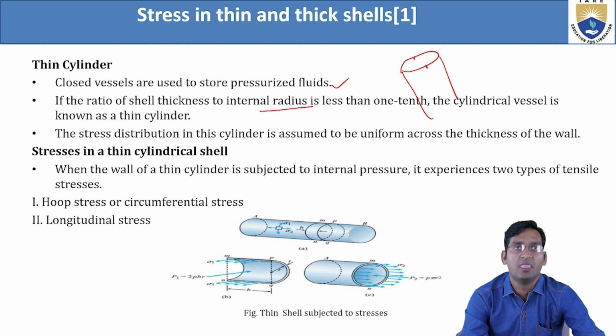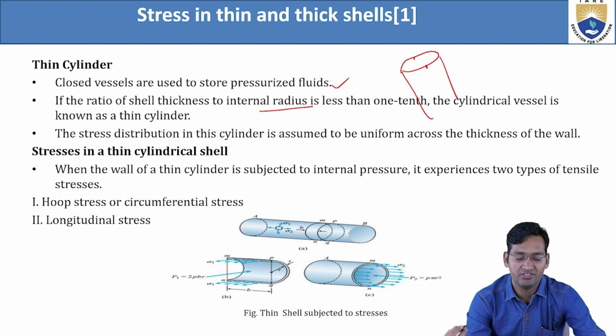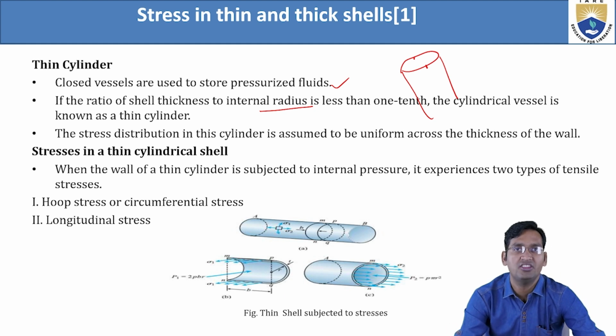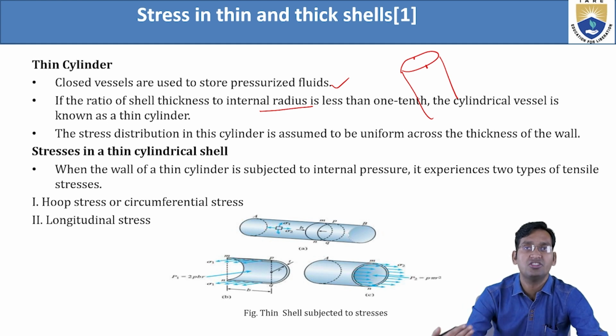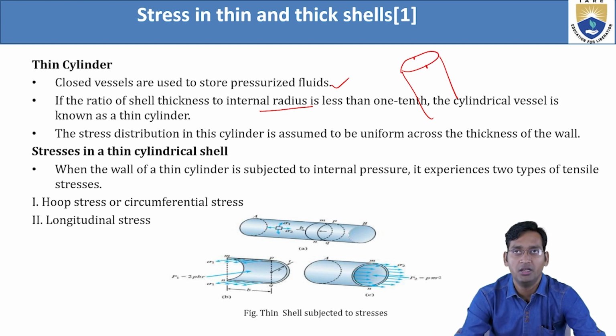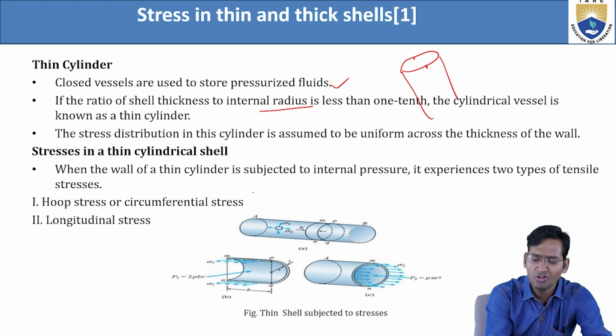Stresses in a thin cylinder: how does that stress act? When the wall of a thin cylinder is subjected to internal pressure, meaning some fluid is inside, that fluid exerts pressure on the wall of the container. A cylinder experiences two types of tensile stress.